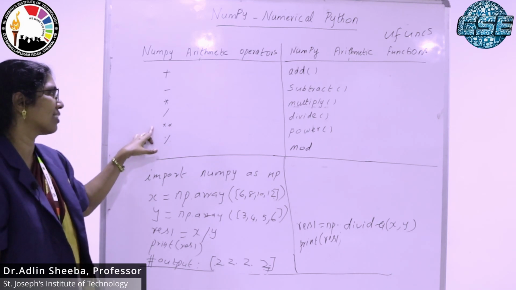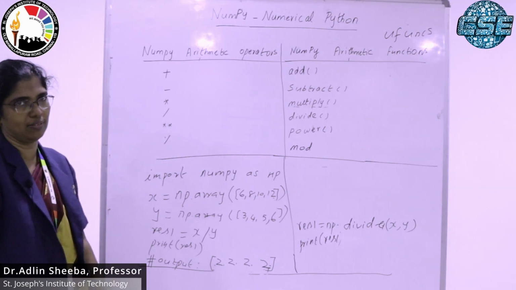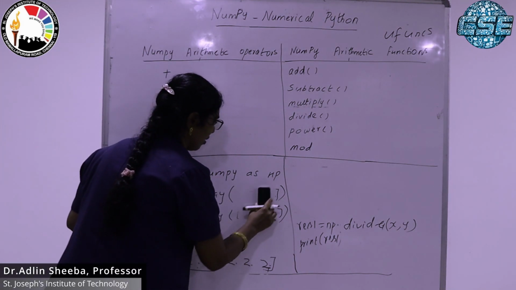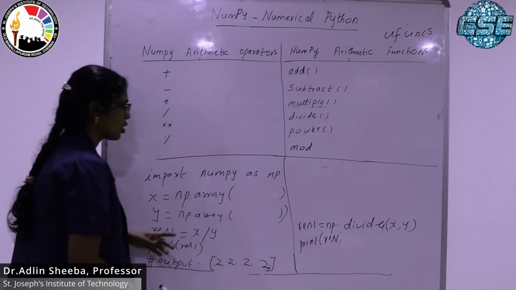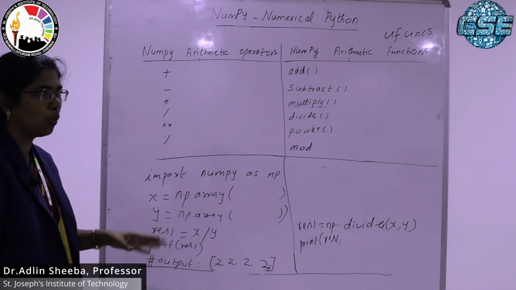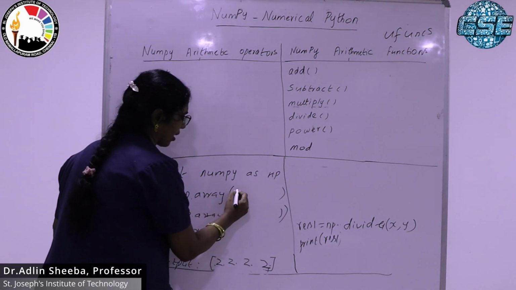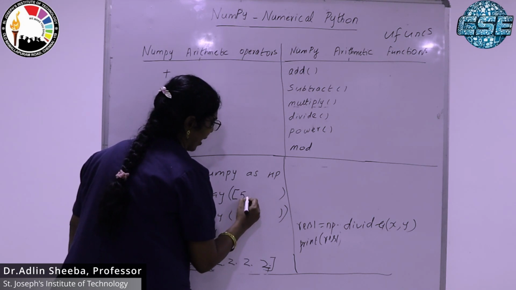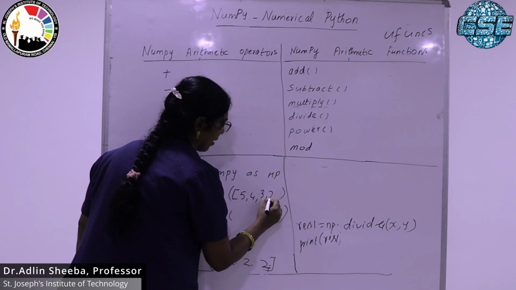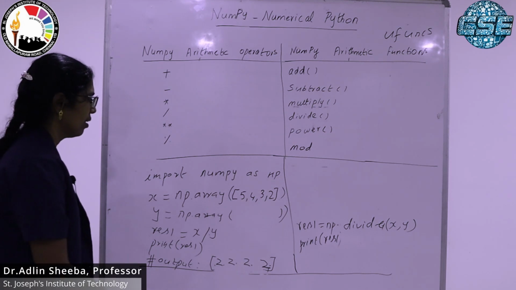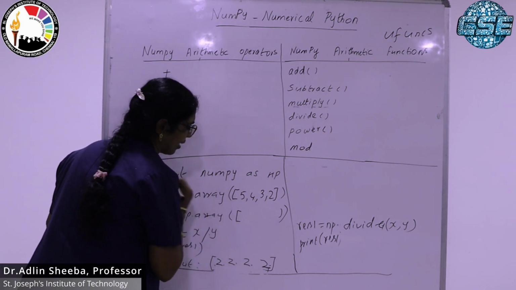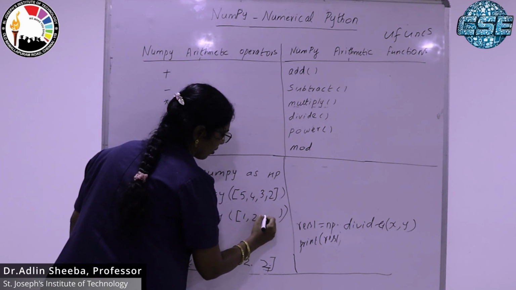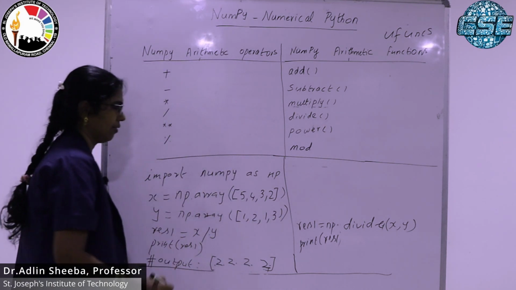And the next arithmetic operator we have is power. So we can take an example for power. So here also we are creating two NumPy arrays. Okay. So the first one we are having it as 5, 4, 3, 2. Okay. And then here the second array we are considering it as 1, 2, 1, 3.